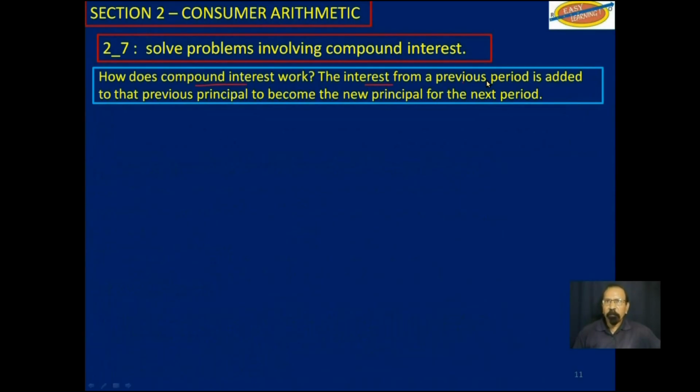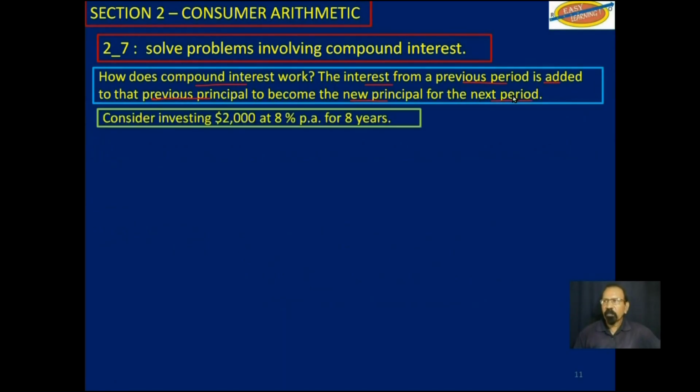The interest from a previous period is added to the previous principal to become the new principal for the next period. So let us say if somebody invested $2,000 at 8% per annum, that means per year, for 8 years.